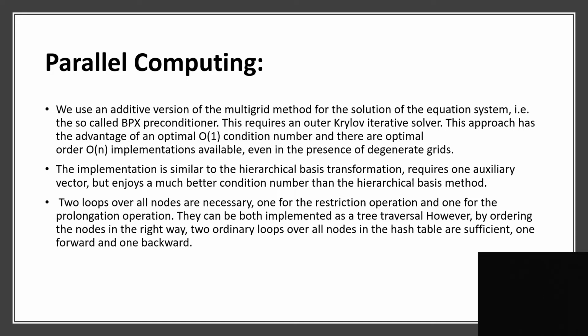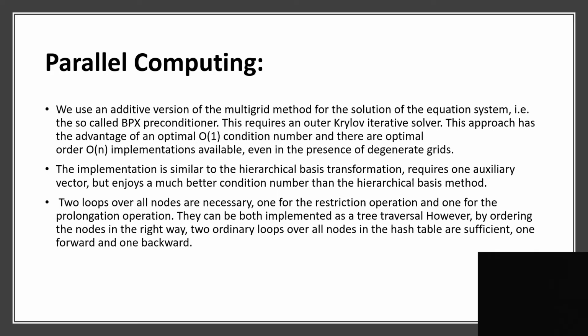This approach has the advantage of an optimal big-O of one condition number, and an optimal order big-O implementation is available even in the presence of degenerated grids. The implementation is similar to the hierarchical basis transformation, requires one auxiliary vector, but enjoys a much better condition number than the hierarchical basis method.